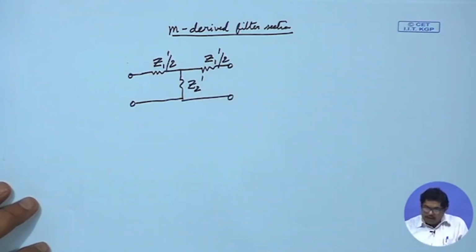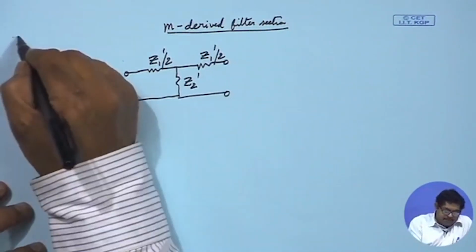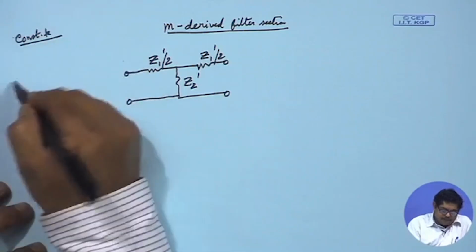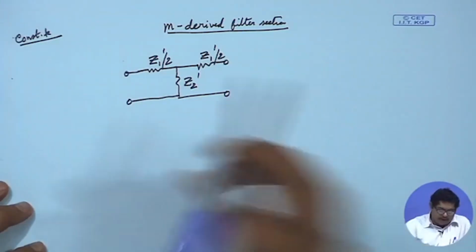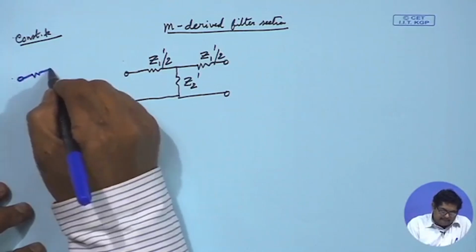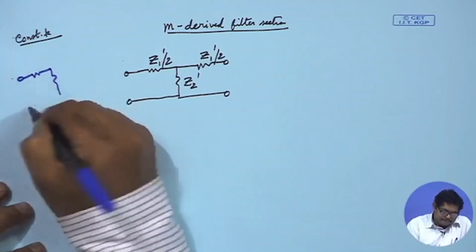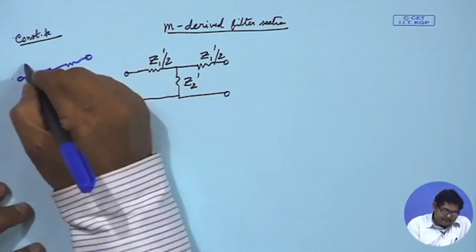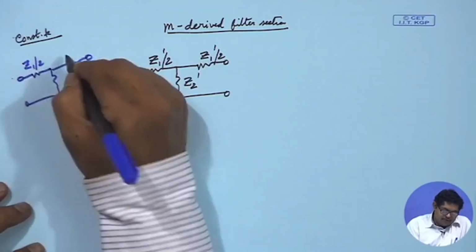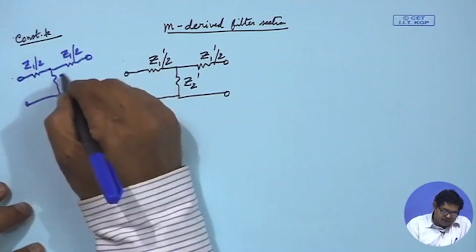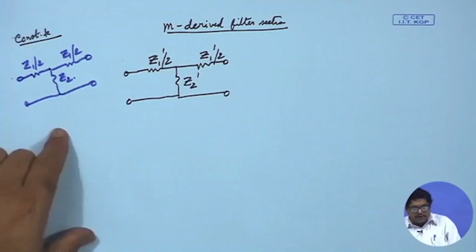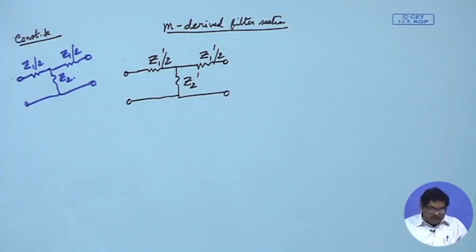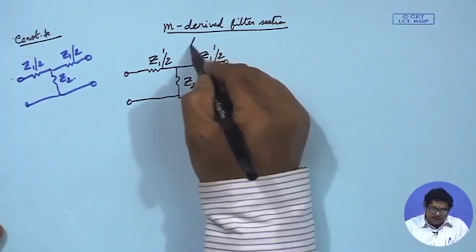Now, what was our constant k? That was Z1 by 2, Z1 by 2, Z2. Today, we are saying it is Z1 dashed. Now, this is m-derived.